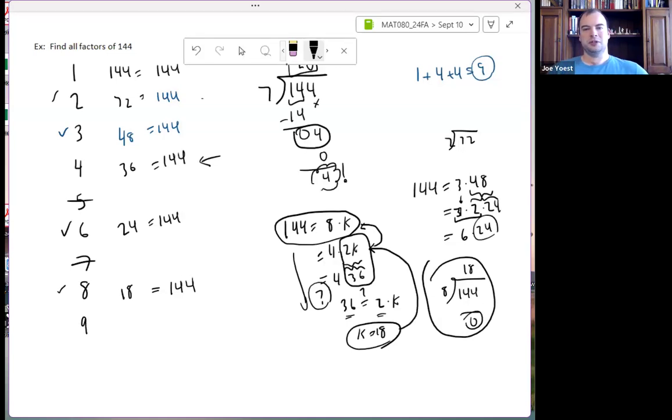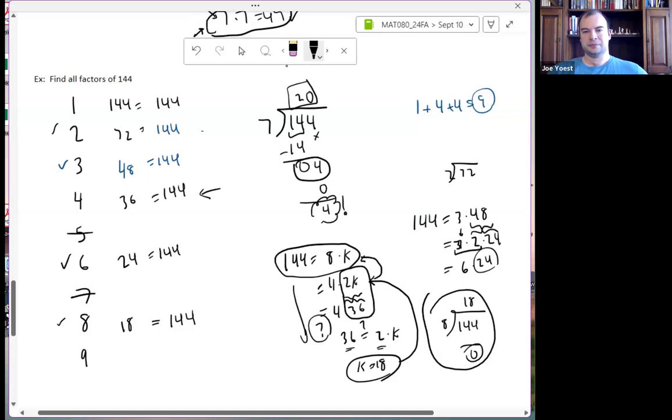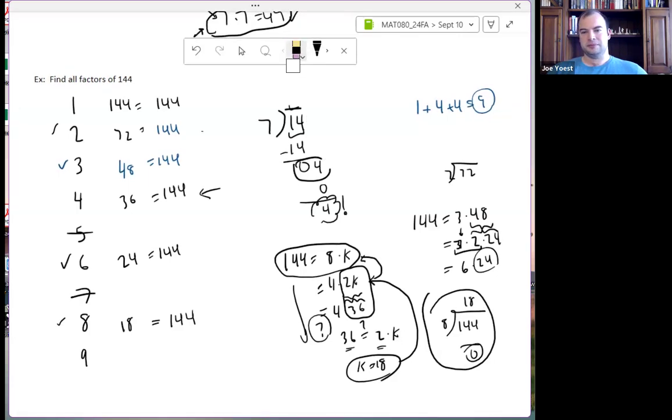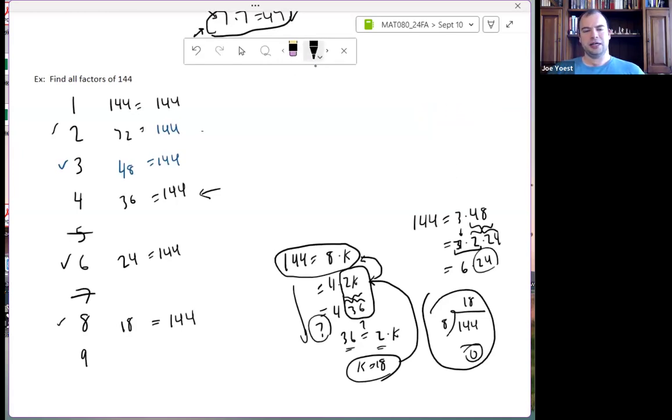Is 144 divisible by 9? Well, being divisible by 9 is kind of like being divisible by 3, then 3 again.